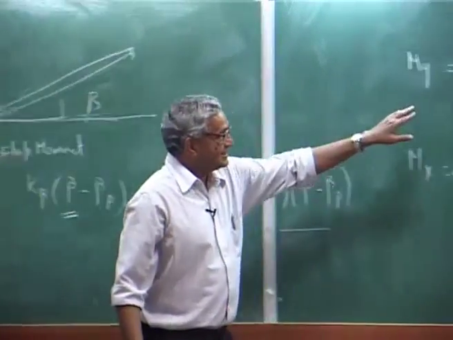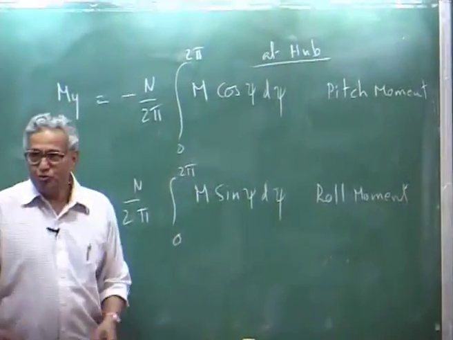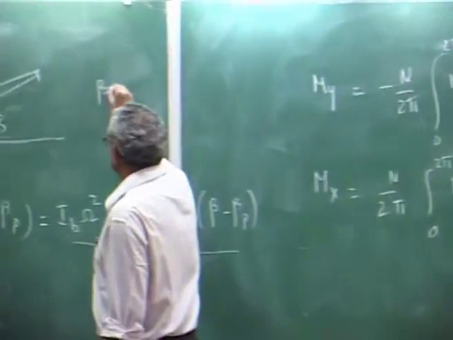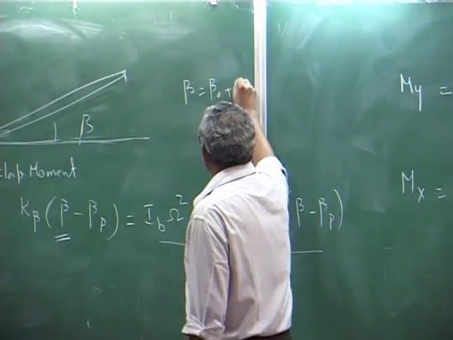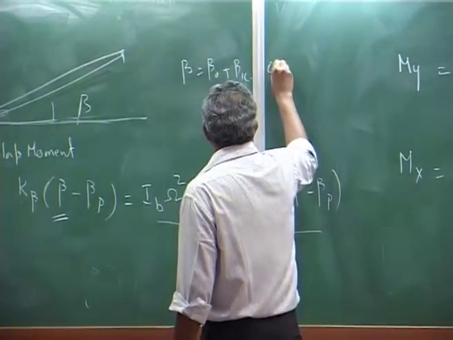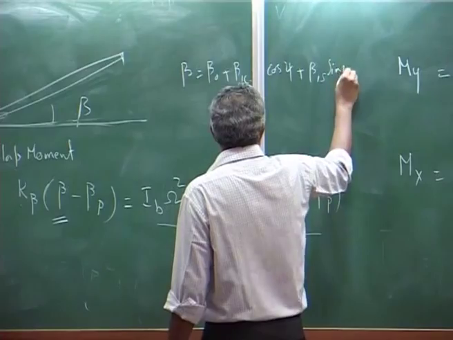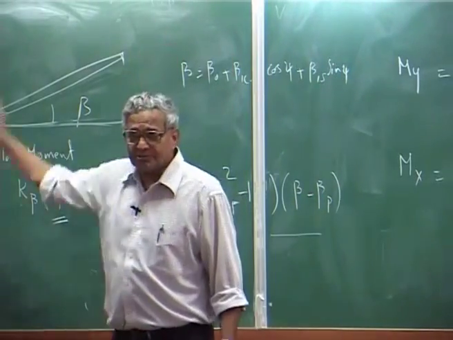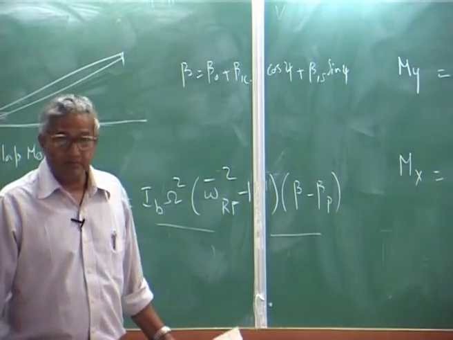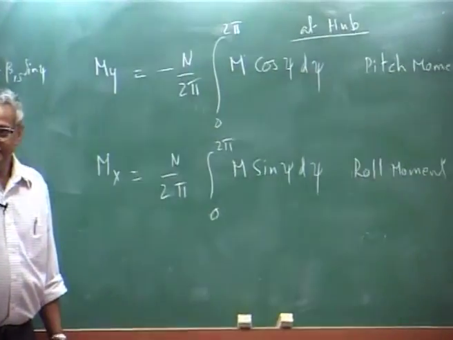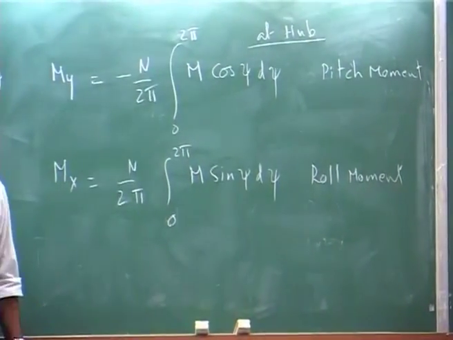Now, you put it here, and you know beta is beta naught plus beta 1c cosine psi plus beta 1s sin psi, because we are truncating the rest of the quantities; we are considering only the first harmonic. Now, you substitute here and then integrate the whole thing.